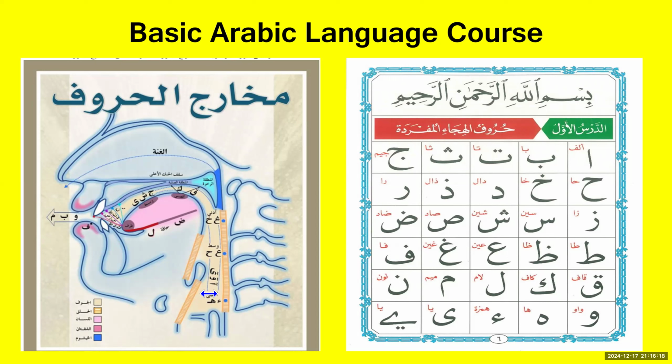Number 232. Alif, ba, ta, tha, jim, ha, kha. Very good. Number 236. Alif, ba, ta, tha, jim, ha, kha. Very good. Excellent, brother. Nawaz.